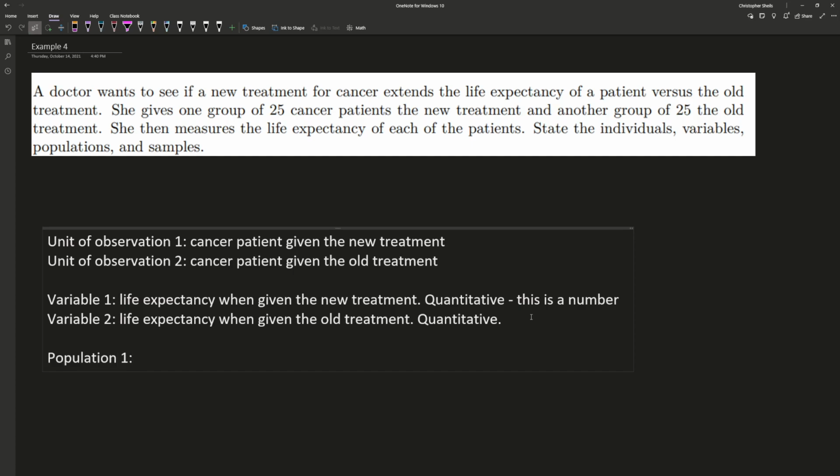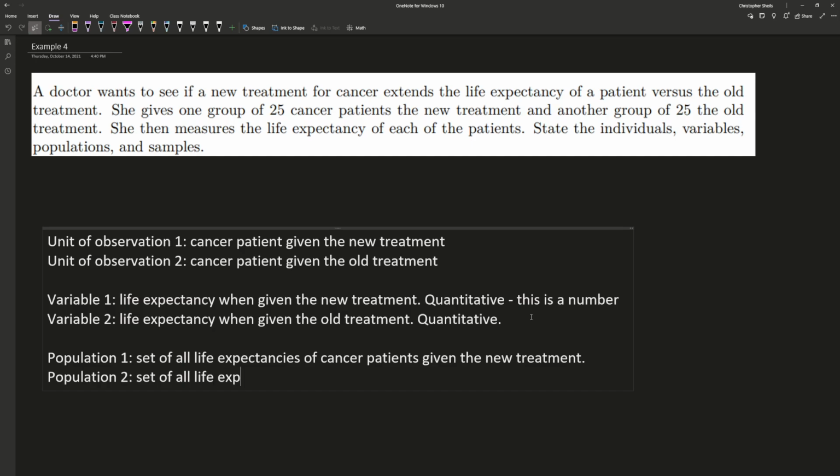The first population here is going to be the set of all life expectancies of cancer patients given the new treatment. And our second population is going to be the set of all life expectancies of cancer patients given the old treatment.